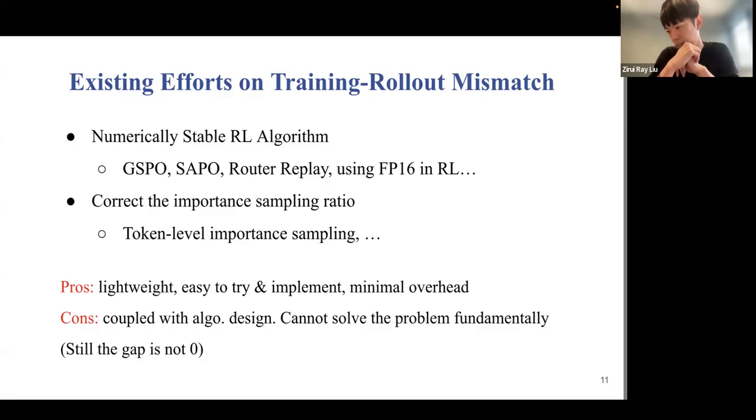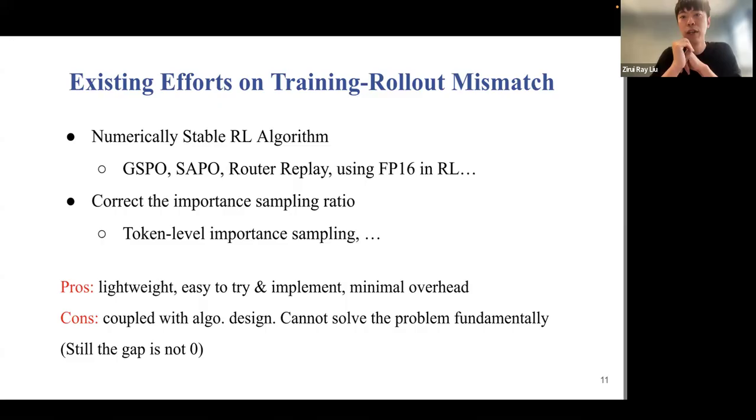Router replay is, in my opinion, definitely the trick you need to employ if you train a large model with reinforcement learning. You record the token expert routing in the rollout and reuse, or replay, it in the training. So in the training, you don't let the router do the selection.